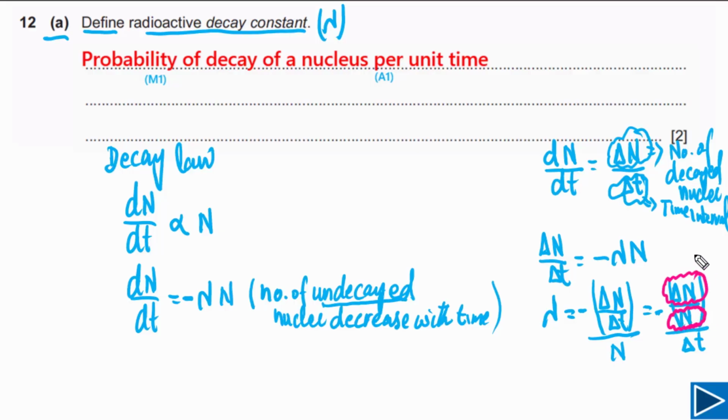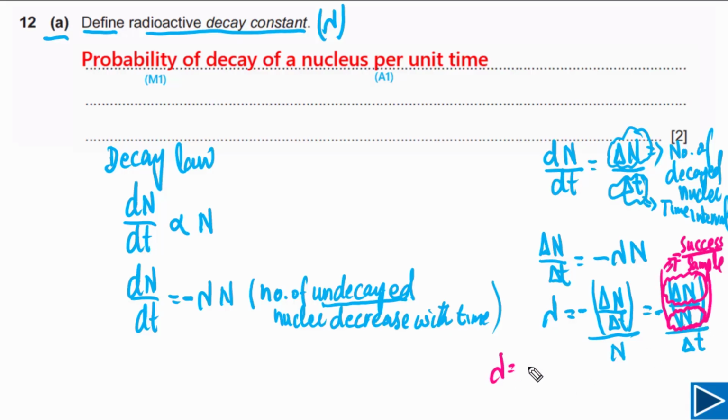So you can also understand this in simple language. Delta N is representing success, meaning the number of nuclei decayed. N is the sample size. So this is in fact probability. So simply we can replace this with probability.